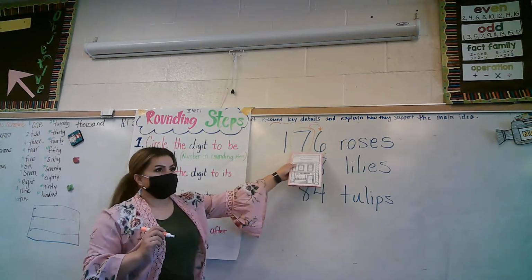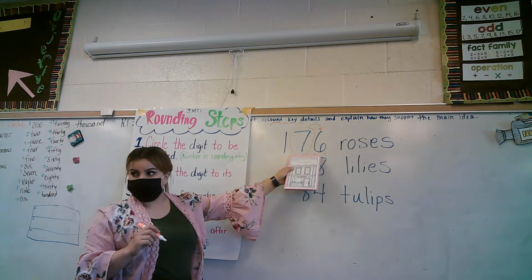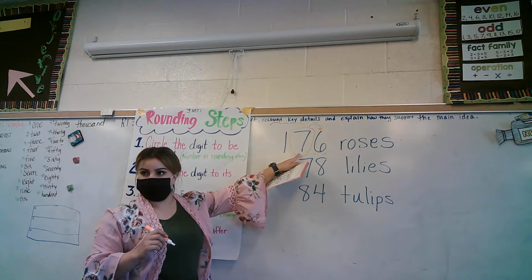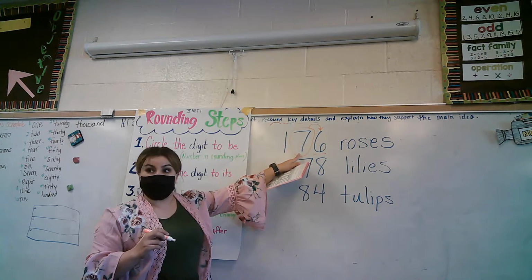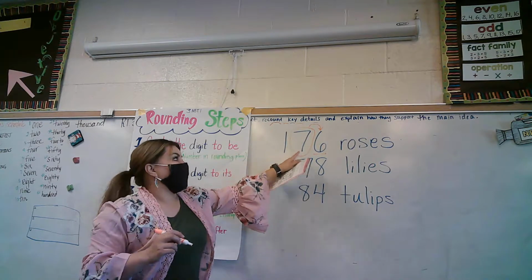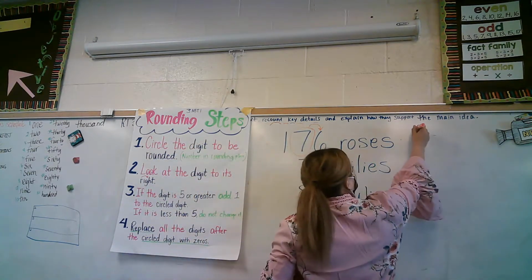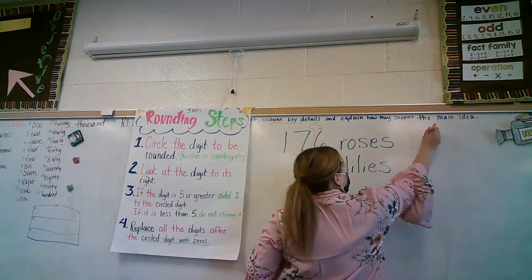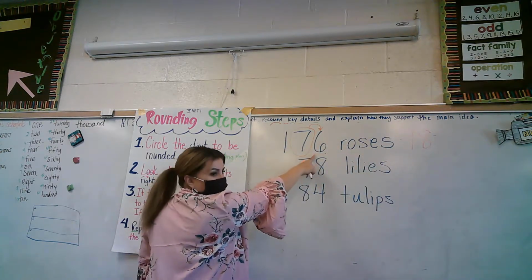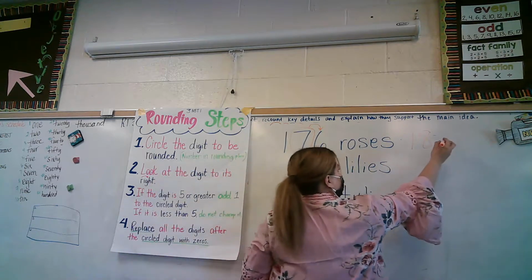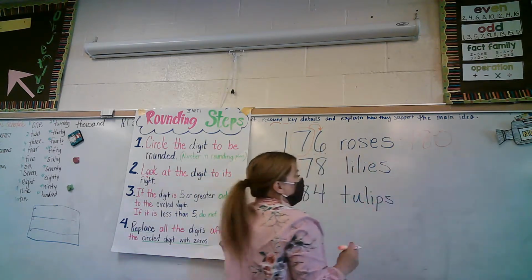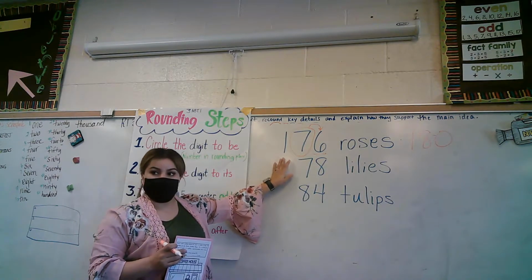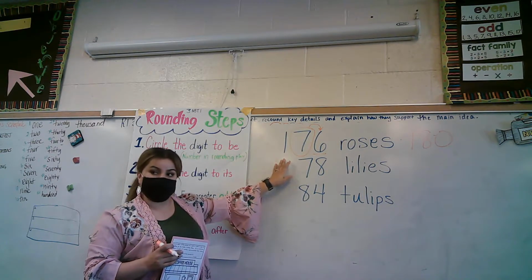Now, is 6 higher than 5 or less? Higher. So we're going to change the 7 to a what? 6. We add 1 to it, so it makes it an 8. So, I'm going to leave my 1 here. This changes to an 8. And what happens after I round? What do these go to? 0. A 0. Okay, so we have the roses. 176 roses rounded to the nearest 10 is 180.